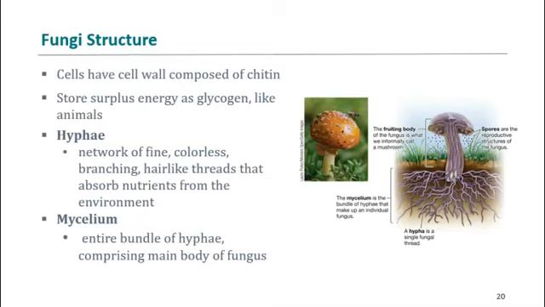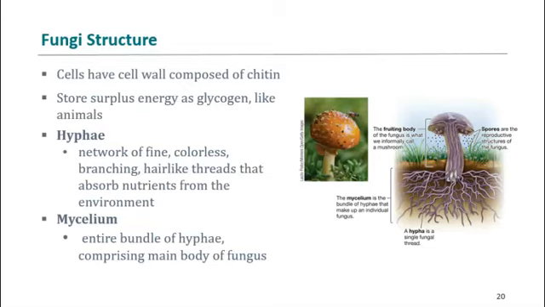And you're not really seeing that mushroom until it pops up above ground with its fruiting structure. So the hyphae are these long filaments or threads that are in the soil, and they can be highly branched, and they're there basically absorbing nutrients from the soil.